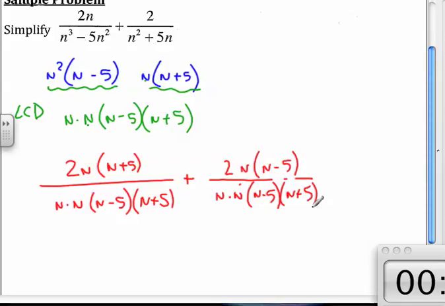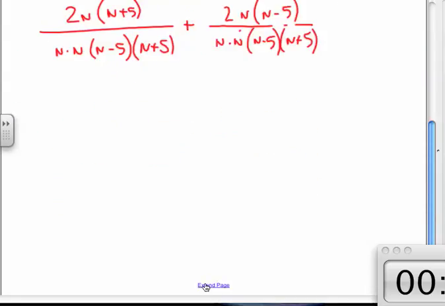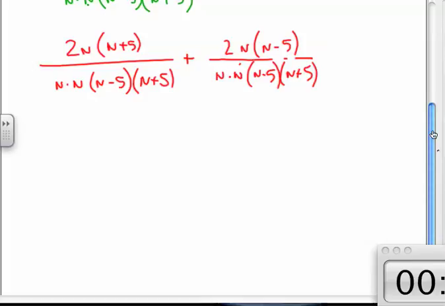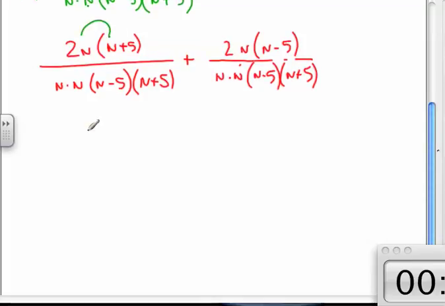Okay, Winslow, I want you to help me out. When I'm simplifying this first fraction, what do I get on top? 2n cubed, thank you, and plus 10n. Nice. I'm sorry, this is squared, 2n squared. There we go.